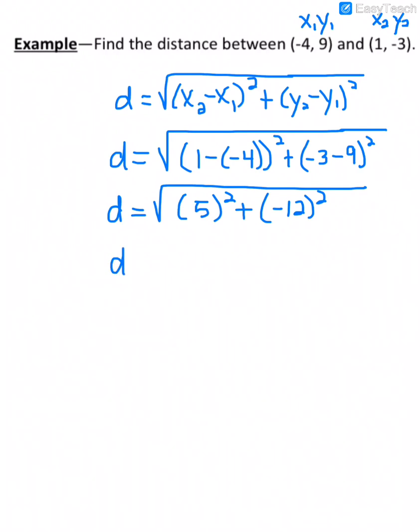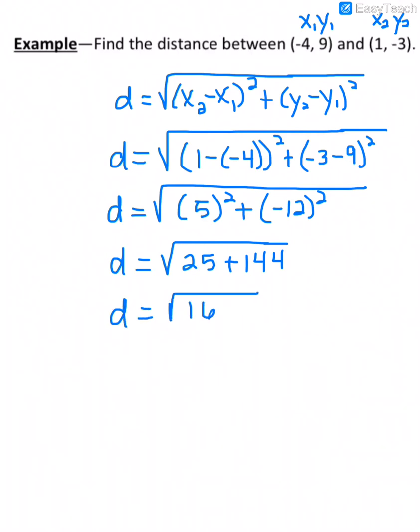And then when I square those, 5 squared is 25, and negative 12 squared would become a positive 144. And then that gives me the square root of 169, which is 13. Now, usually you won't get a perfect square, so if you don't get a perfect square, just simplify your radical.